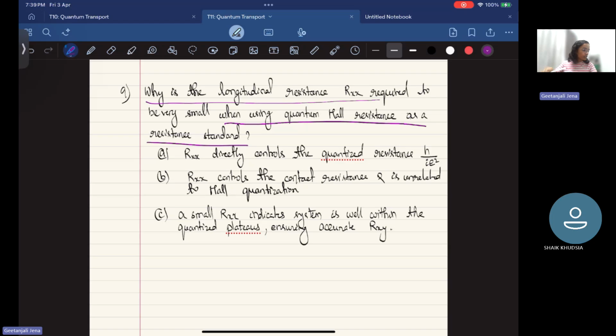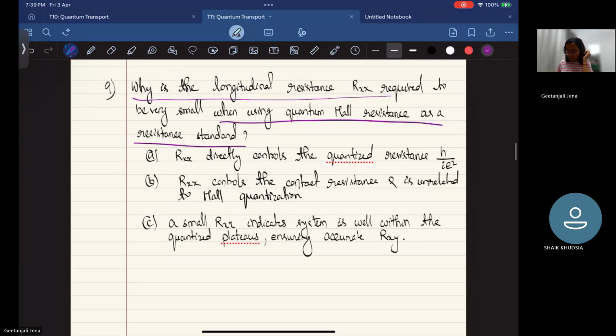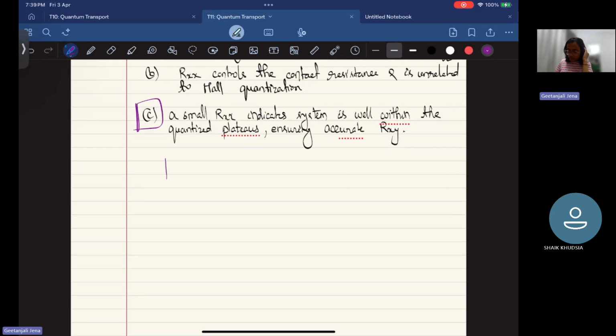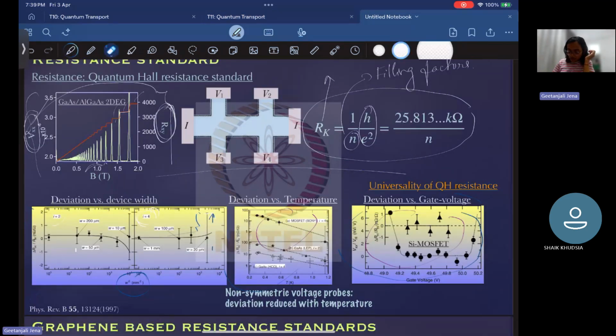So why should the Rxx be low? The answer is option C. If you recall, I think I have the picture here.